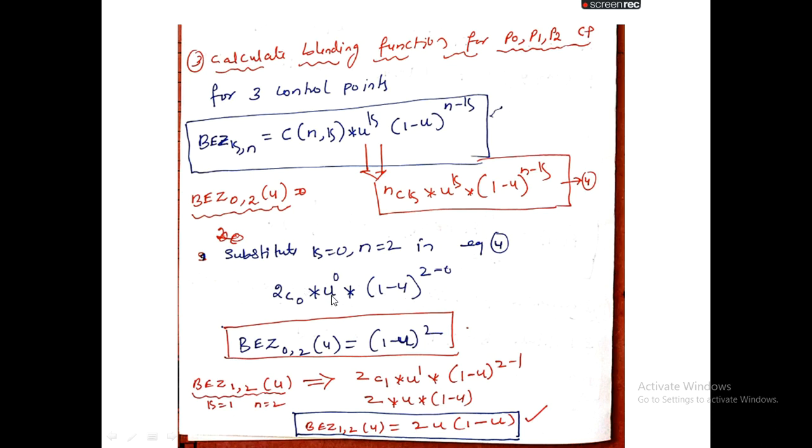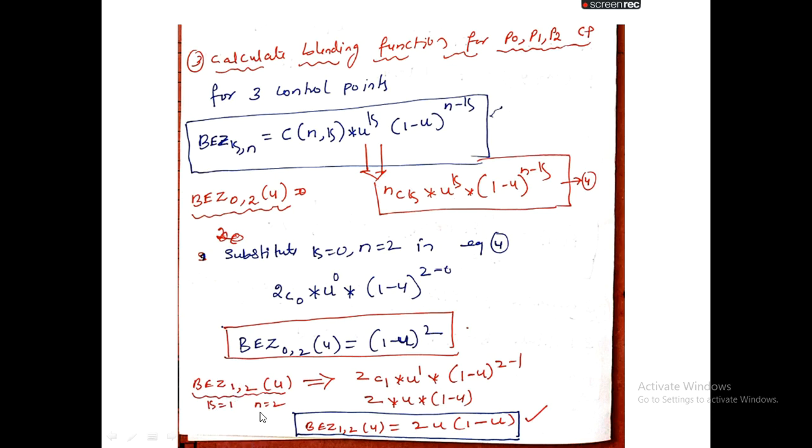After evaluating this equation, I will get the blending function for 0, 2, which is 1 minus u square. This is the basis function for 0, 2. Similarly, substitute k value 1, n value 2 in equation number 4.